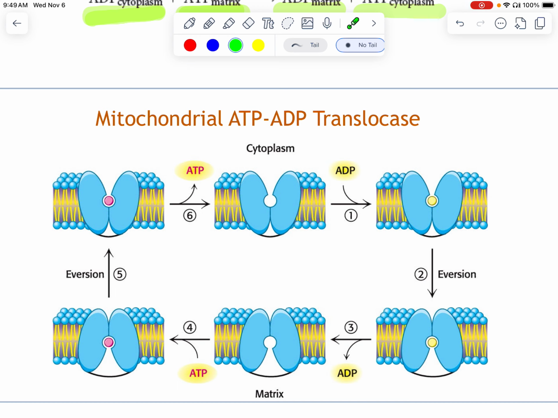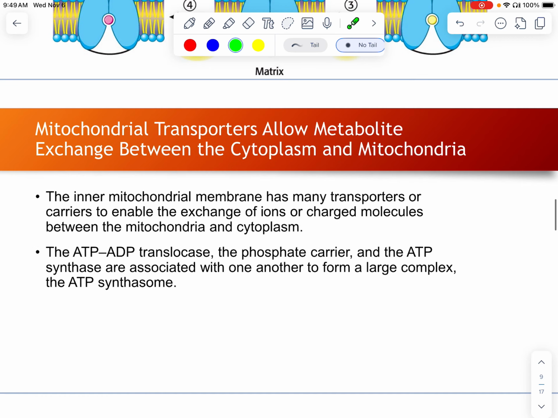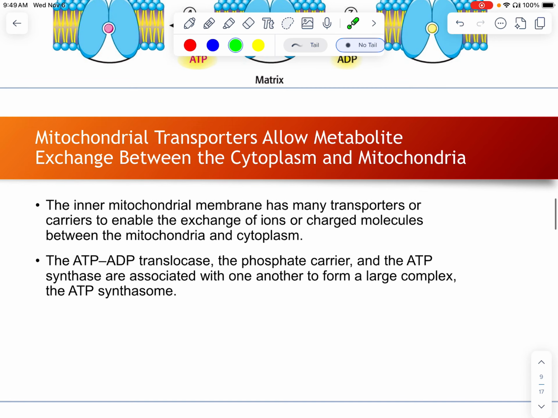So that's another driving force for this ATP wanting to move that direction. All right, so mitochondrial transporters allow metabolite exchange between cytoplasm and mitochondria, the way we can get things in and out of that inner mitochondrial membrane.